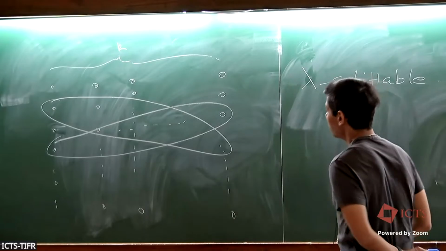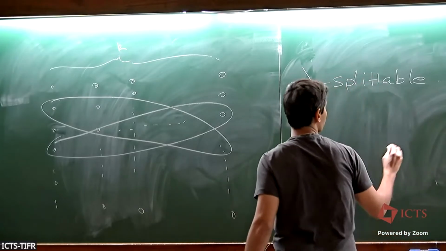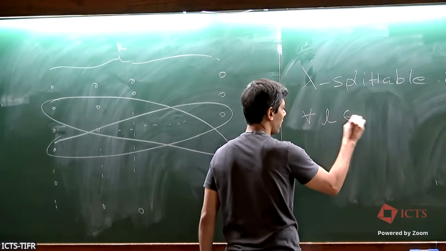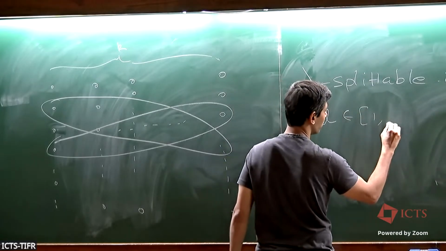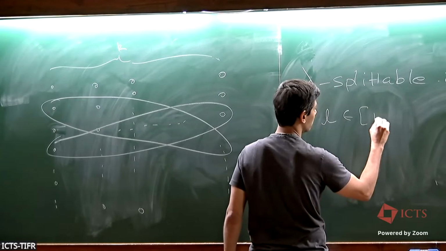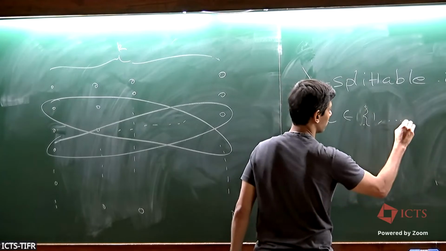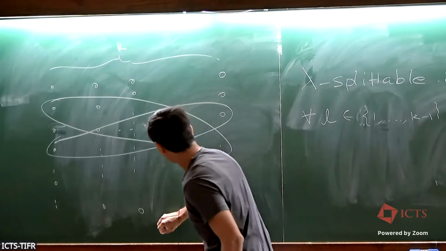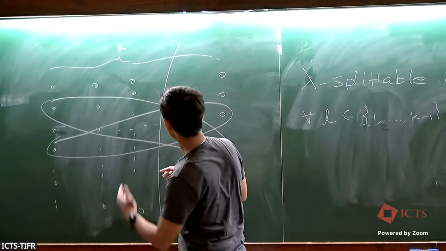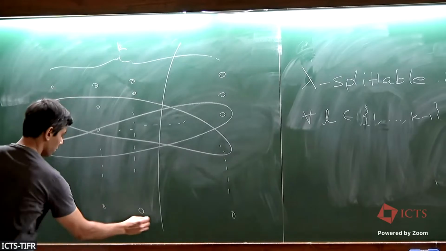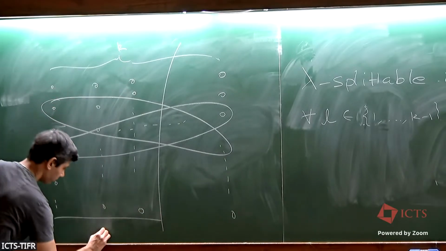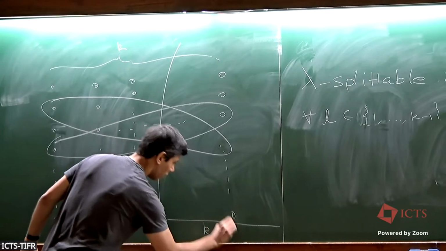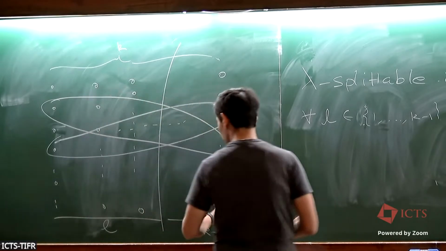Lambda splittable if for all L in 1 to K minus 1, if I split this complex into the first L layers and the remaining K minus L layers. And what does it mean to split this complex into these two parts?